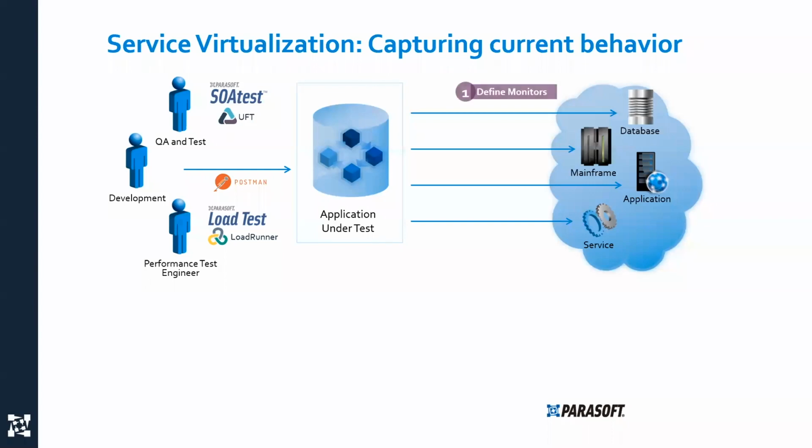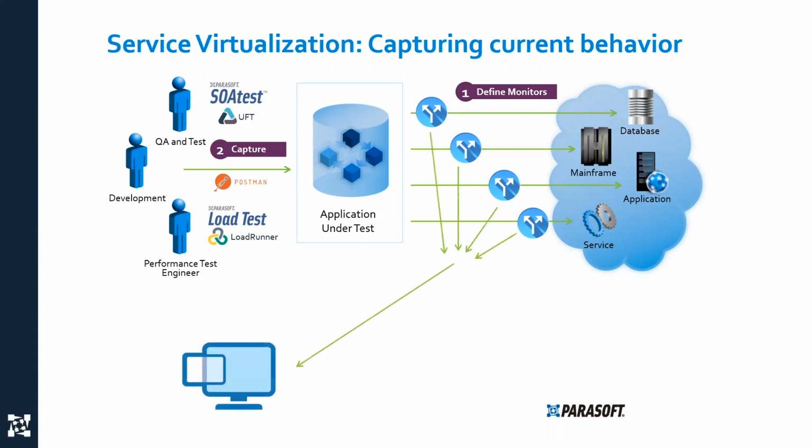Virtualization allows us to define monitors or proxies that intercept the communication between our application and the back-end systems. As we invoke our test automation against our application, you can see the transactions that go between the application and those back-end systems.